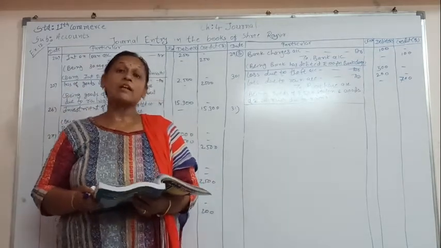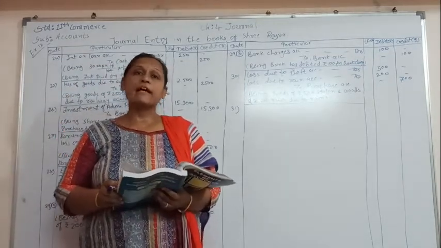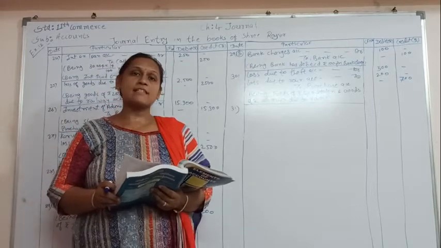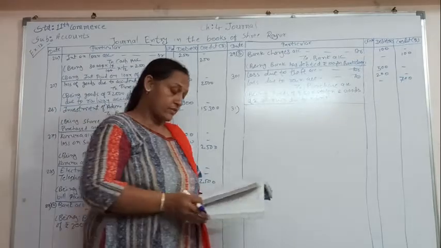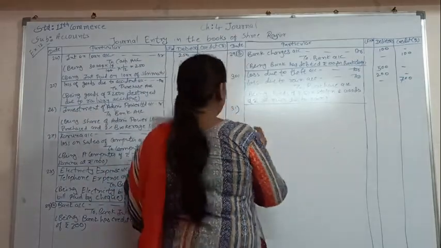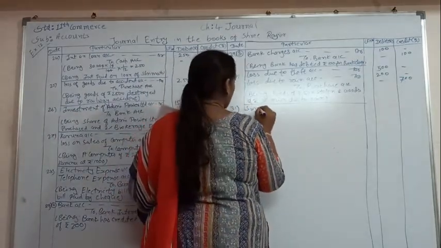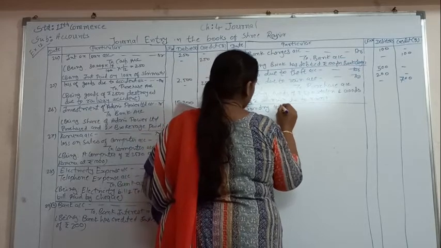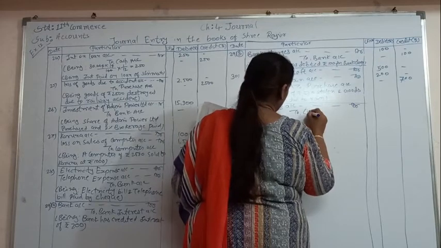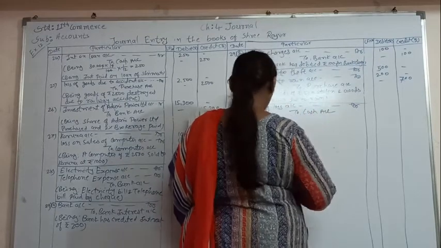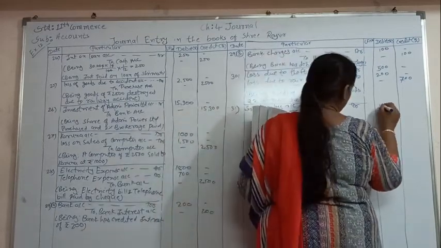That account is called sundry expense account, and here we are going to debit sundry expense account, debit to cash account. That journal entry we are going to pass, and it is a loss. So that is also called sundry loss account, debit to cash account, and the amount will be 100 rupees.